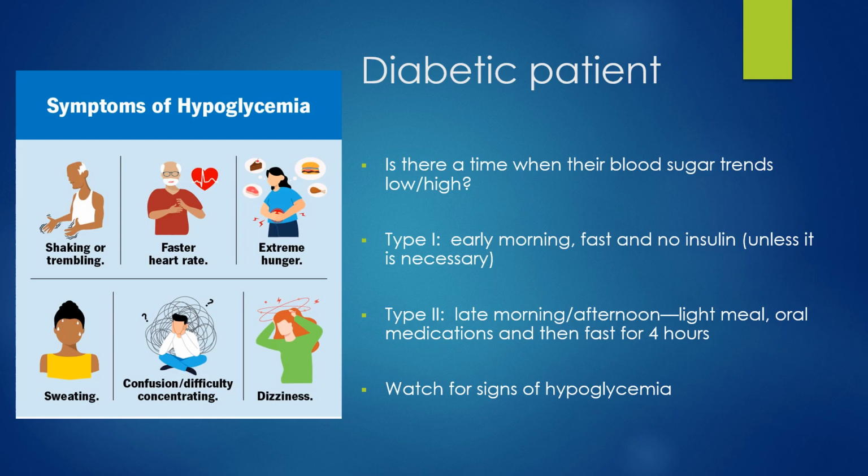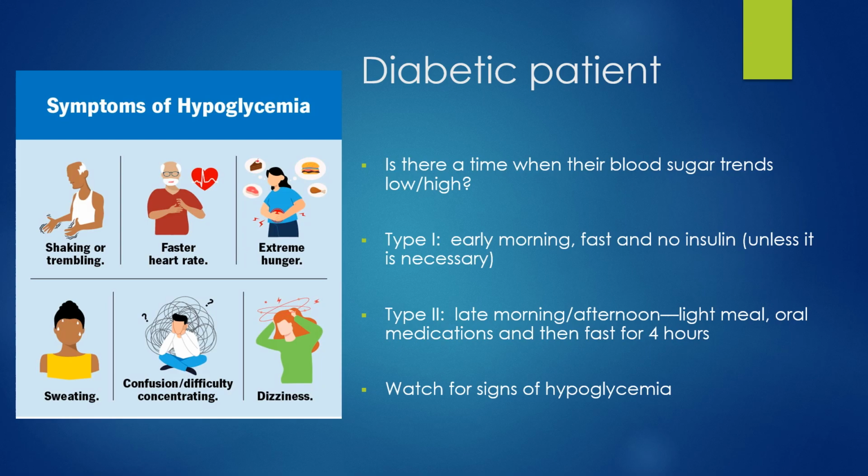Type 1 diabetics, it's usually best to do them early in the morning. Have them fast and not give them any insulin unless it's necessary. With type 2 diabetics, it's typical to schedule them in the late morning or the afternoon and allow them to have a light meal and oral medications in the morning and then fast for 4 hours.